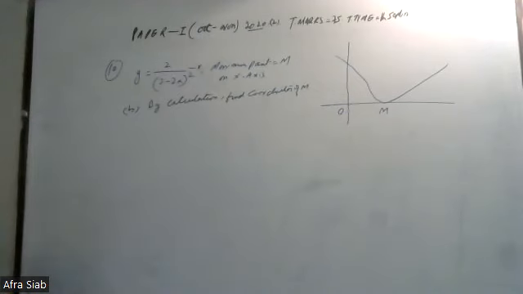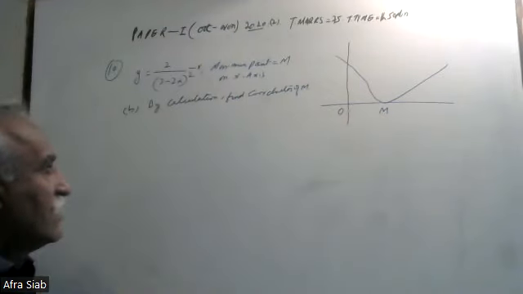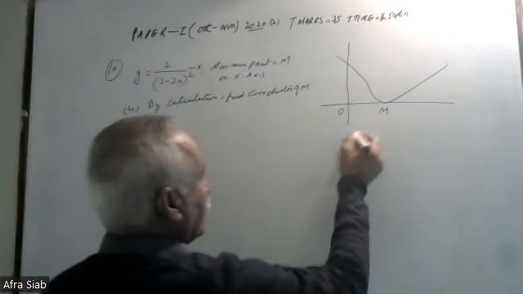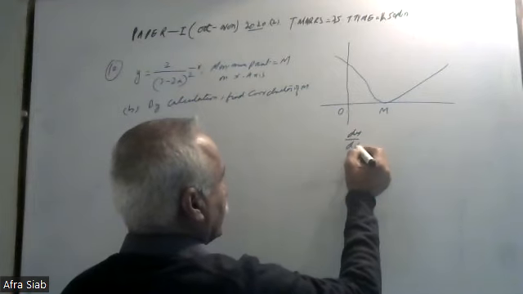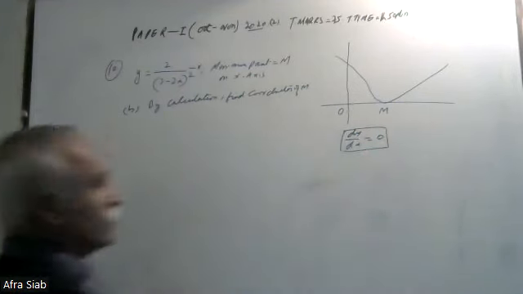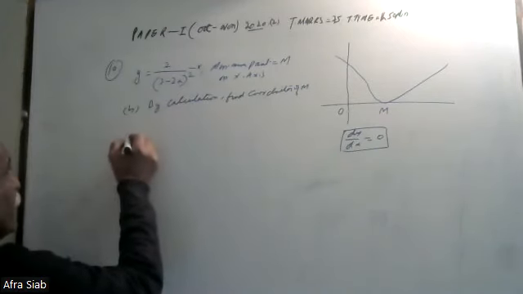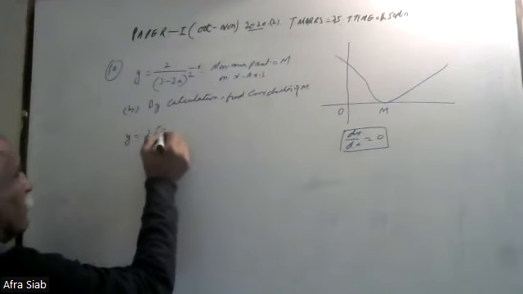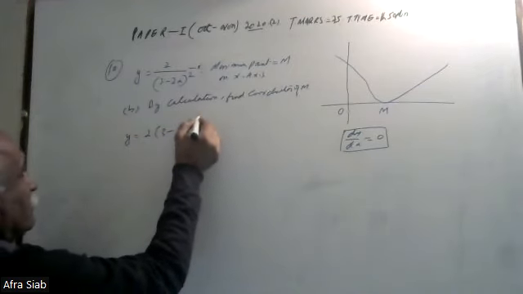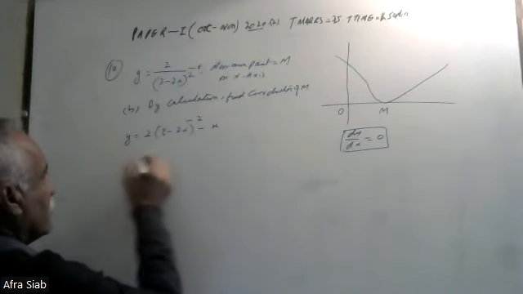Part B: by calculation, find the coordinates of N. Since N is the turning point and it lies on the x-axis, we know that if the turning point lies on the x-axis, then dy/dx at that point is equal to 0. So y is equal to 2 into (3 − 2x) to the power −2 minus x.